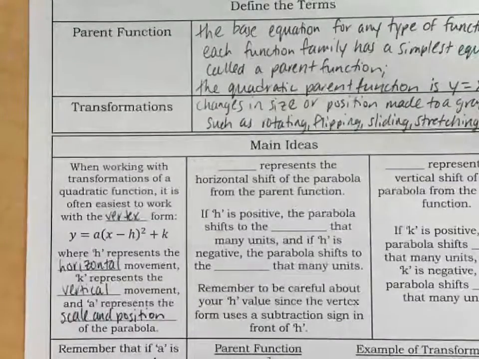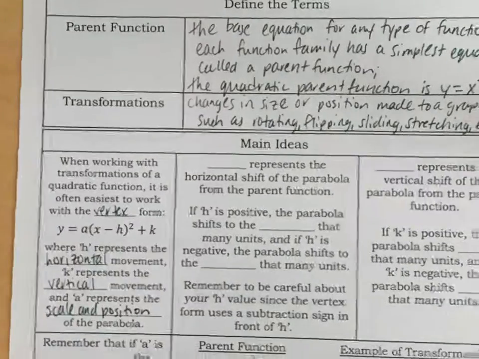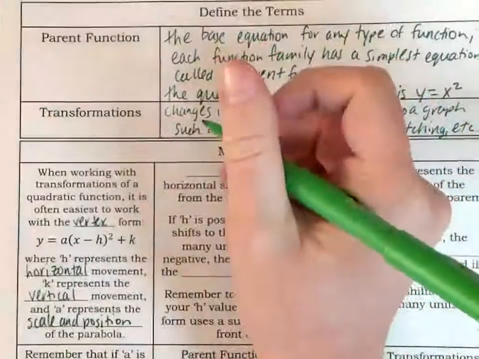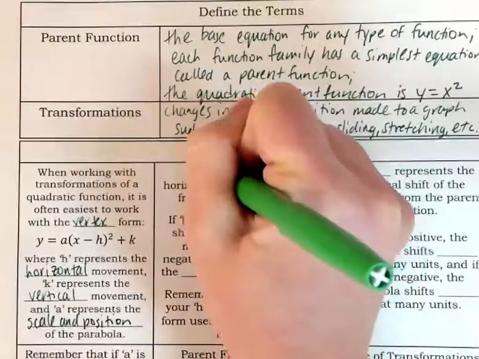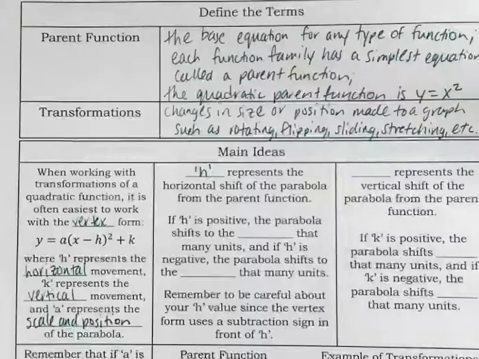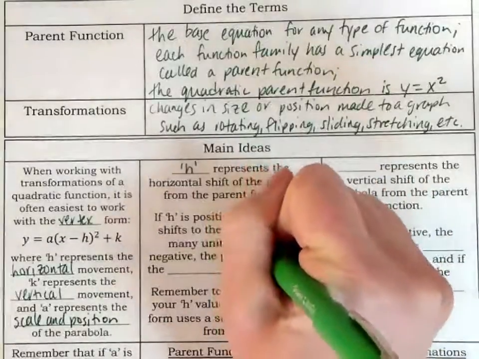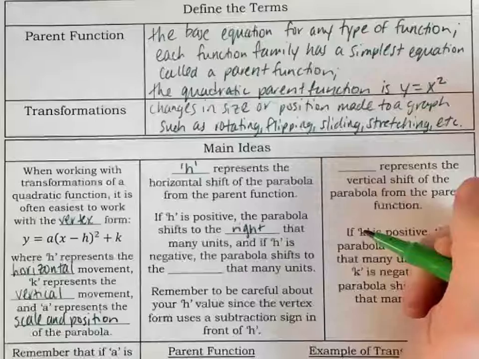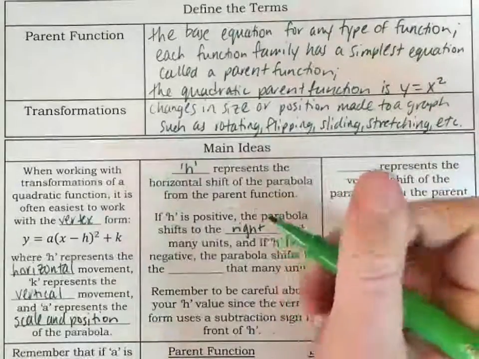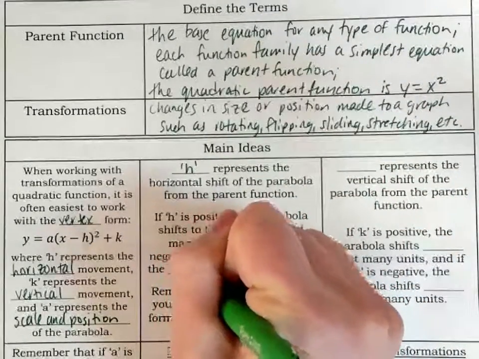Okay, so when I'm talking about h representing the shift in the horizontal movement of the parabola, what I mean is if h is a positive value, the parabola shifts to the right that many units. And if h is a negative number, then the parabola shifts to the left that many units.